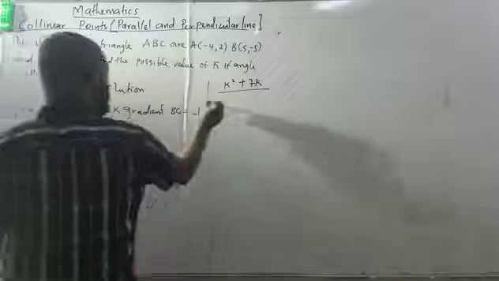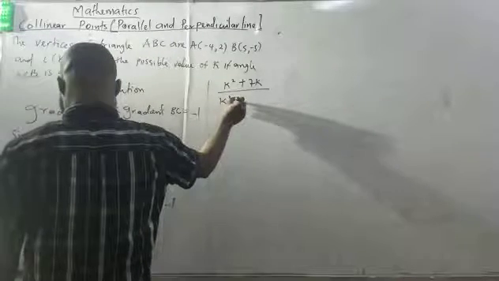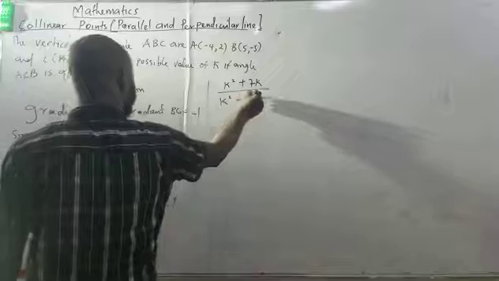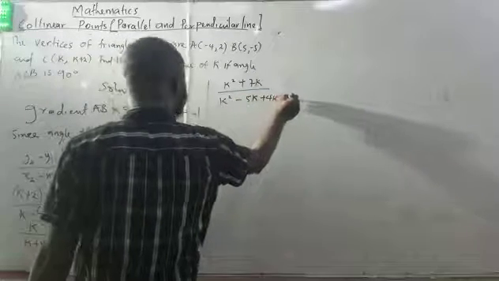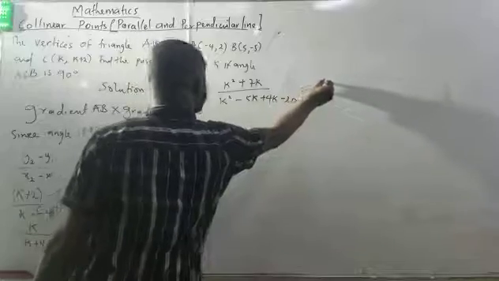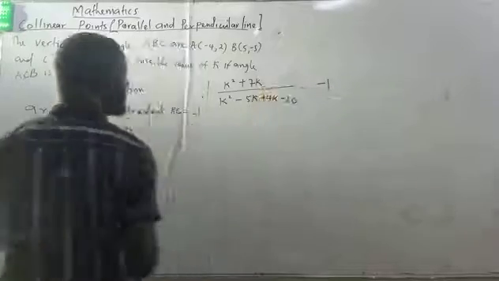K times, that will be k squared minus 5k plus 4k minus 20 equals to minus 1. Please permit me to write it this way.